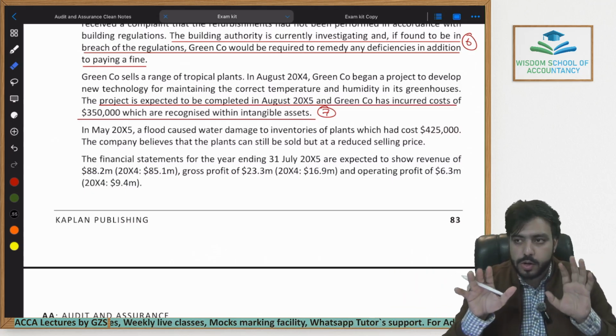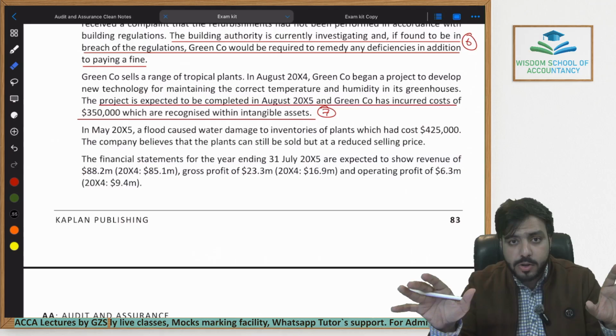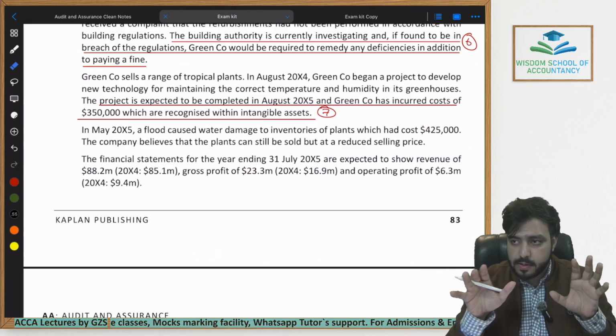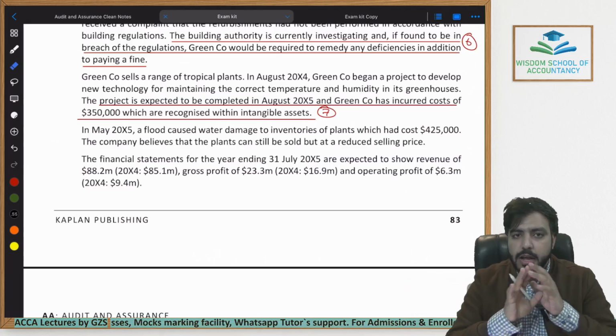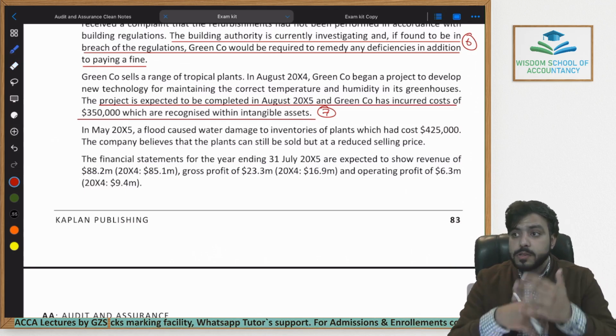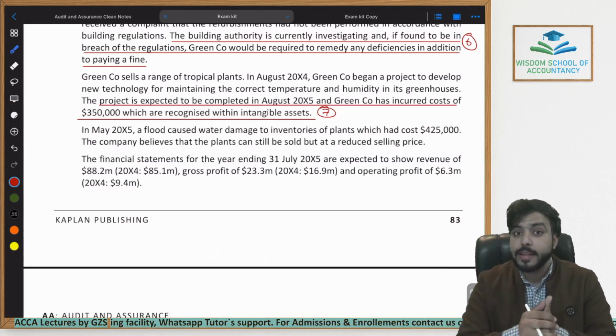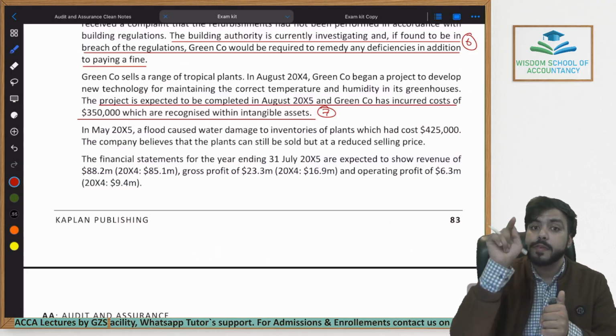Whether you are going to an audit firm or to a company to give an interview as a financial reporting accountant, this question is very common: if invoices haven't been received, what would you record as a liability? Would you even record a liability? Then you will say, no, we will not record a liability, we will record a provision.